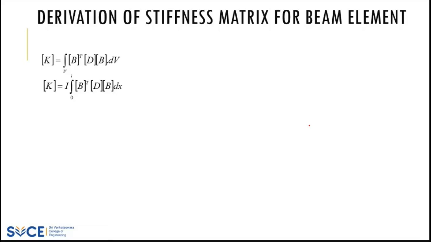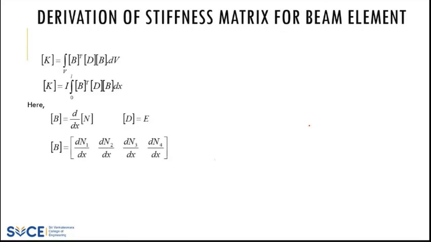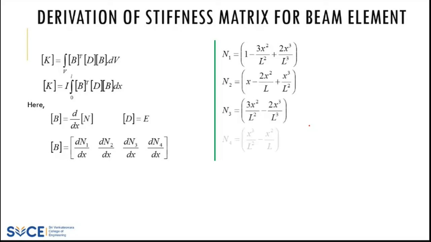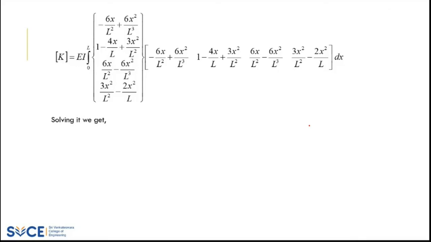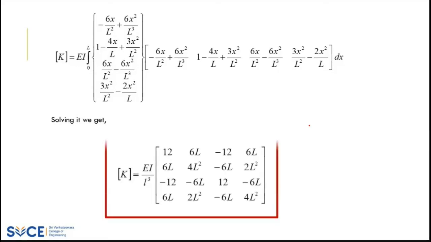So you are changing like this, integral 0 to L. So for your B and other terms, just find out what your B matrix is, what your N matrix is, then identify B transpose D B overall. If I substitute it, right, I am not going to deal with this. Okay, we will get one matrix. So have a note of this matrix. So this is your stiffness matrix for your beam.